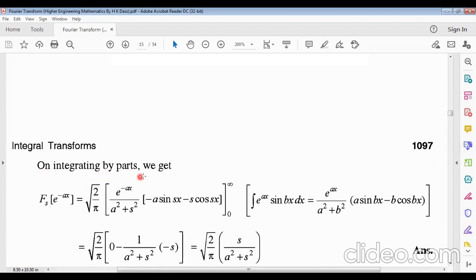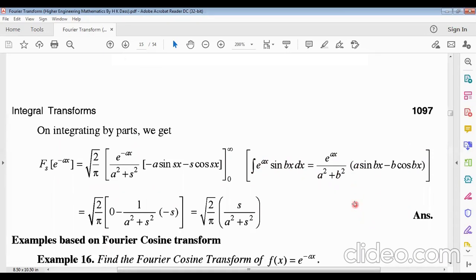Now, integrating by parts, using the formula: the integral of e to the power ax sine bx dx equals e to the power ax divided by a square plus b square, into a sine bx minus b cos bx. This is the formula for this product integration, which we can prove by the UV process, that means integration by parts.